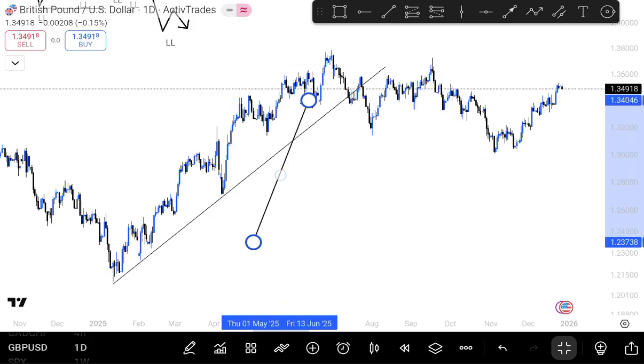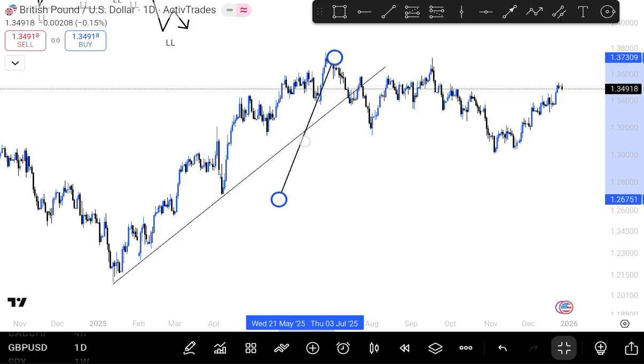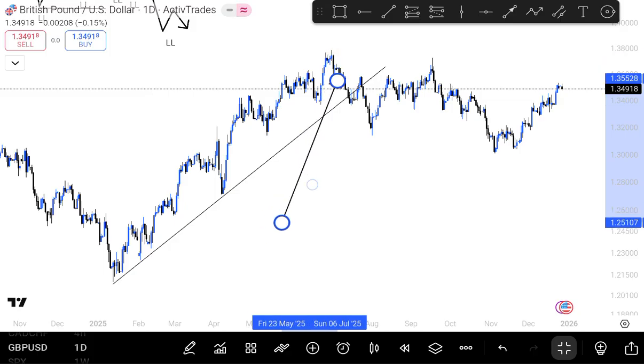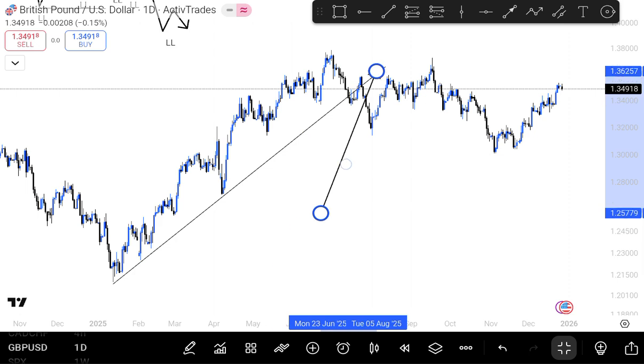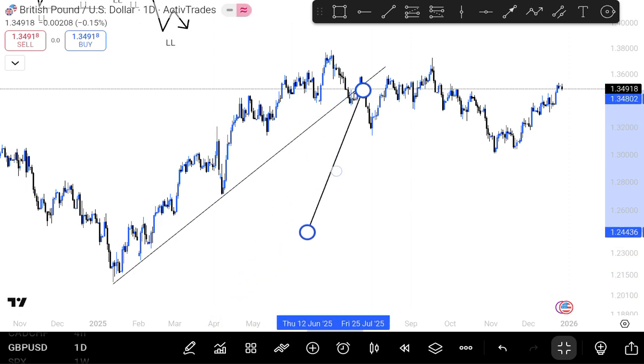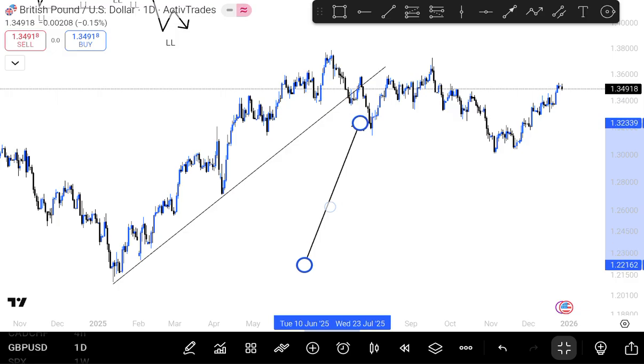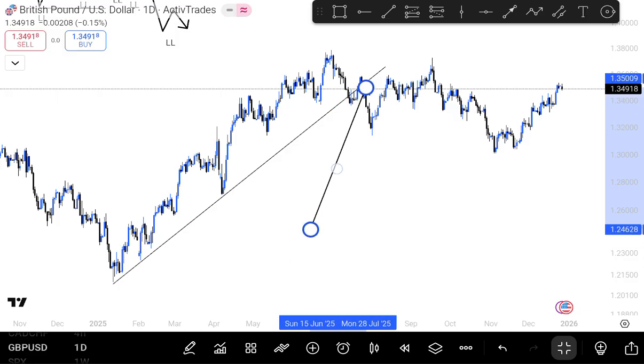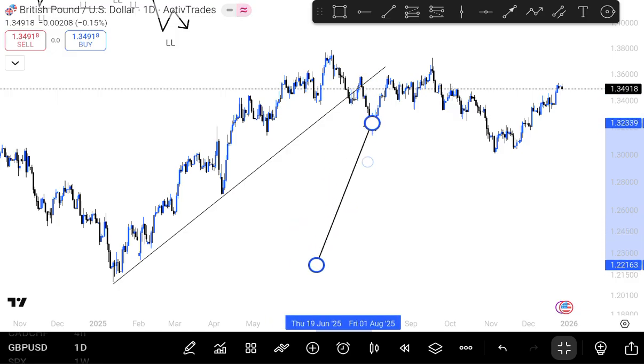So when this market comes to these higher highs, you can see it breaks down this particular trend line. When the trend line is in an uptrend and the market breaks that trend line, then it is about to change its direction.